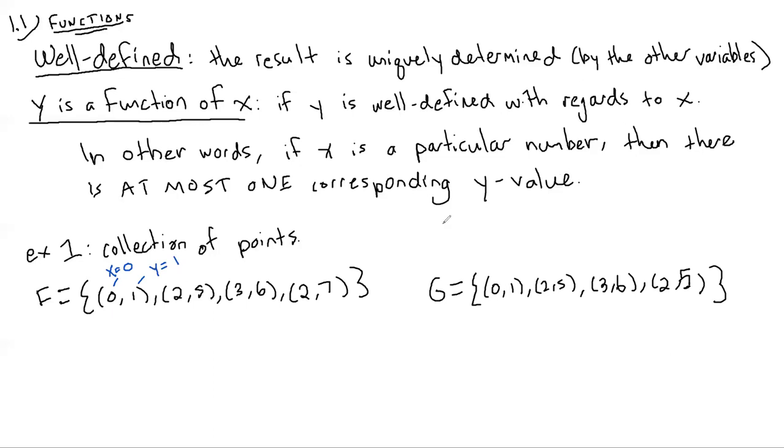What we actually have in the first one is that with this 2, 5 and 2, 7 point, x equals 2 gives two different y values. It gives y equals 5 or y equals 7. That's two different outputs for one input, and that's a problem.